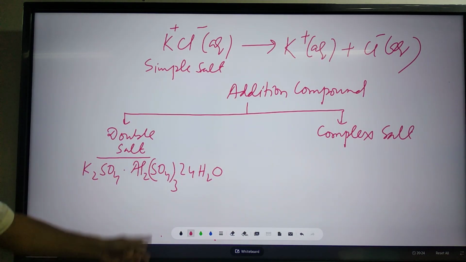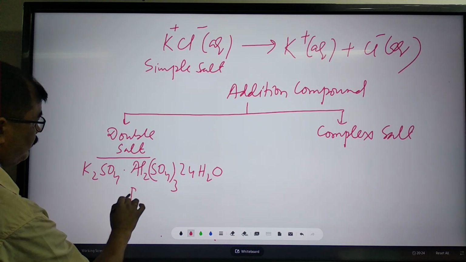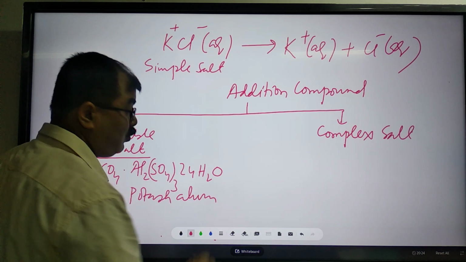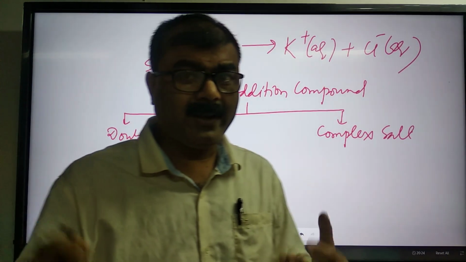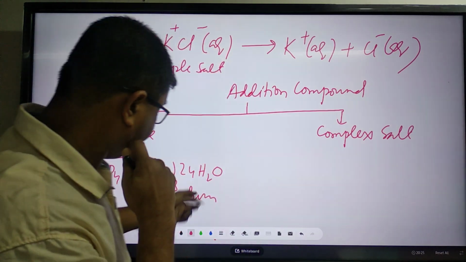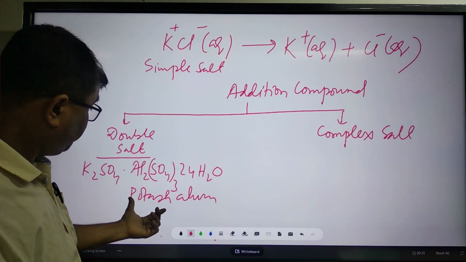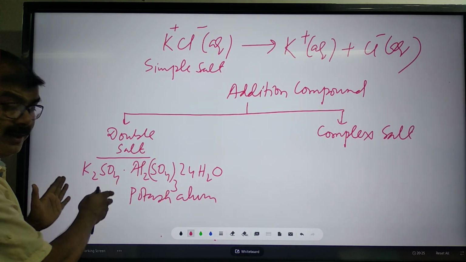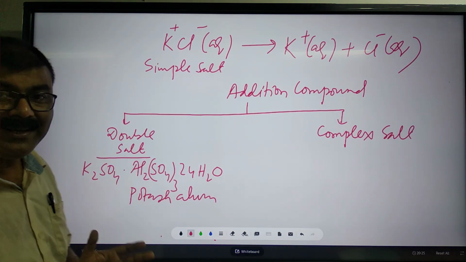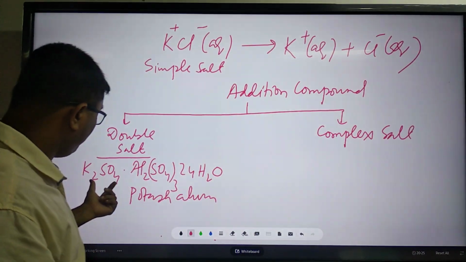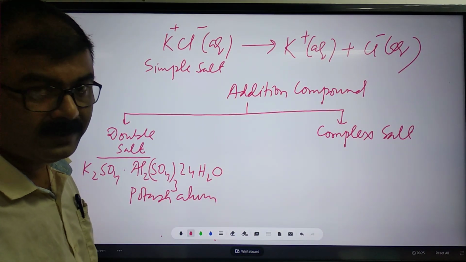See, what is this? Potassium alum, you know, we can use it after purification of water. So this potassium alum is an example of double salt. We can get it by mixing two stable salt, potassium sulfate and aluminium sulfate.